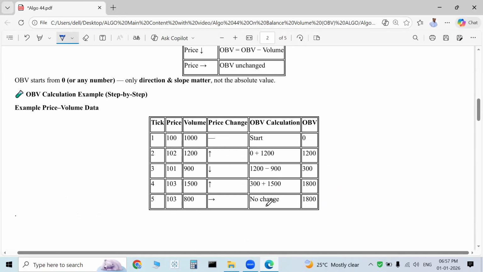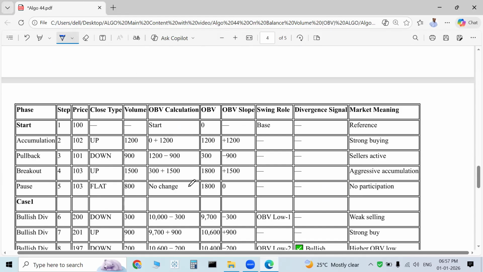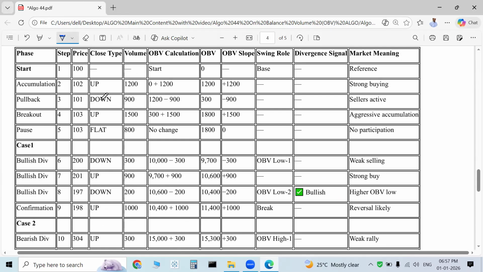Now here we try to understand the calculation with three different cases. Here we are just understanding how the OBV is calculated. Whenever the price increases, we add the new volume to the previous OBV. If the price decreases, we subtract the volume from the previous OBV.